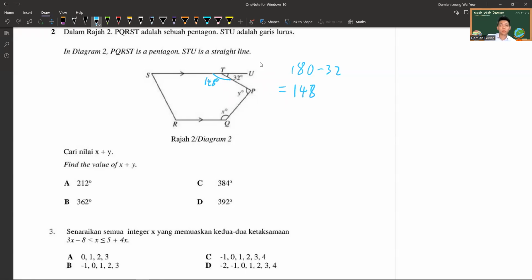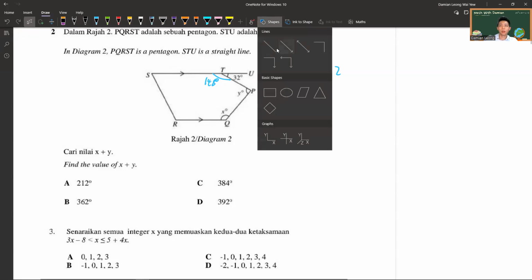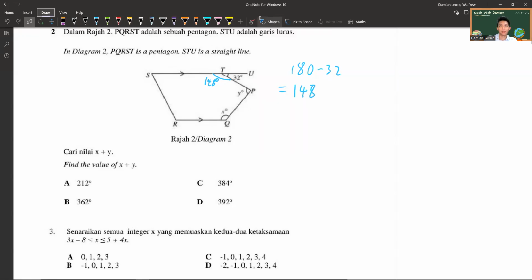Now, I cannot relate some of these angles directly because of these two different lines, but I can add in a line myself. If I add in a parallel line here, this 148 and this angle add up to 180 because of interior angles. This angle and the x also add up to 180.